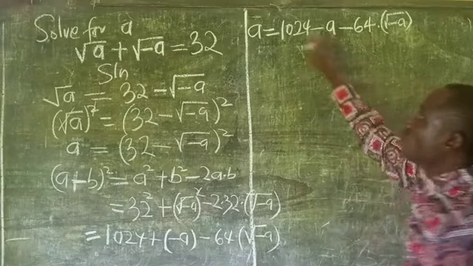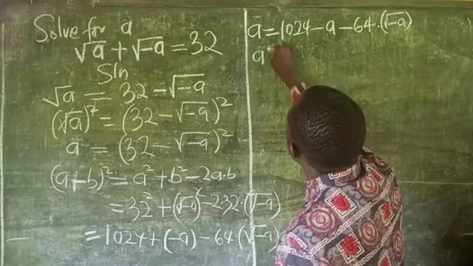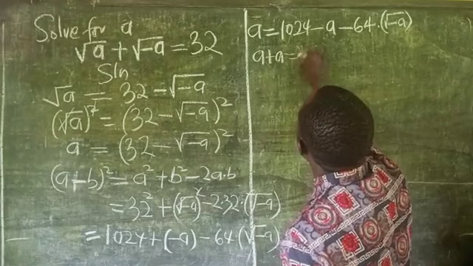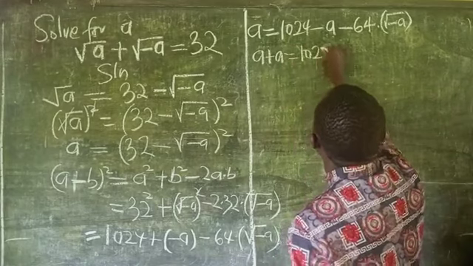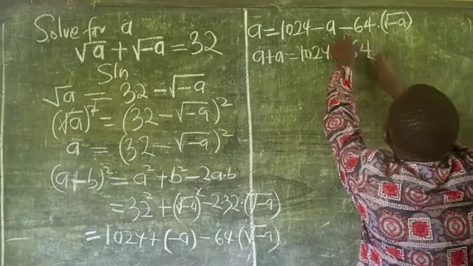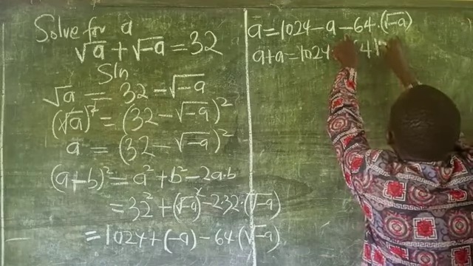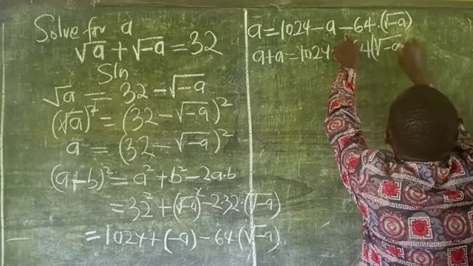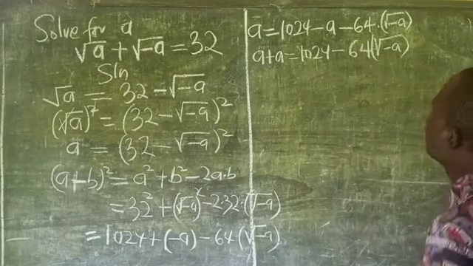So we want to bring this a to the other side. So a plus a will be equal to 1024 minus 64 times square root of minus a. You see?